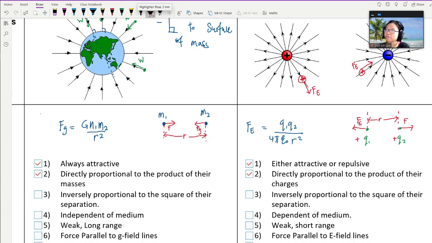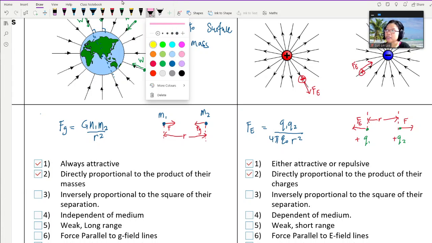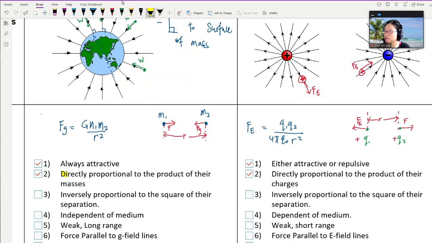First thing, the force for gravity is proportional to the product of their masses, so you can see the m1 m2 here. The bigger the mass, the stronger the force. And the electric force is directly proportional to the product of their charges, Q1 Q2. The larger the charge, the stronger the electric force.